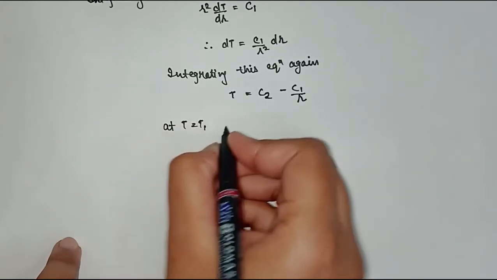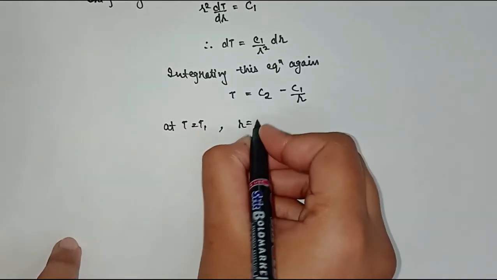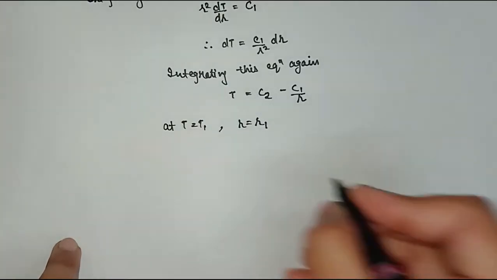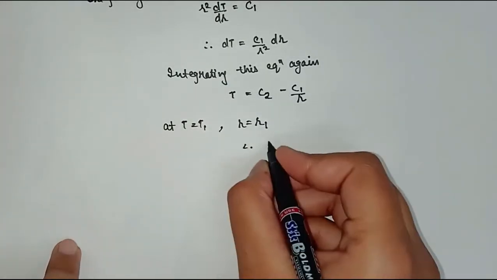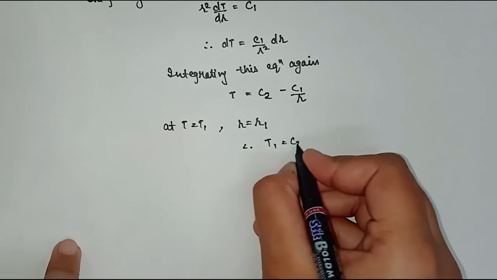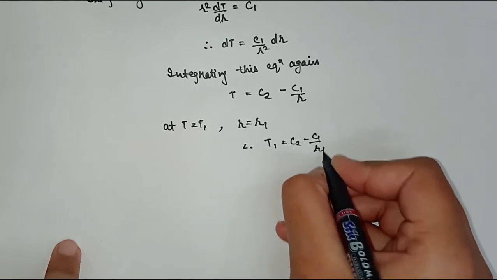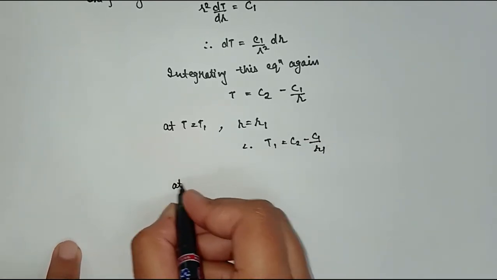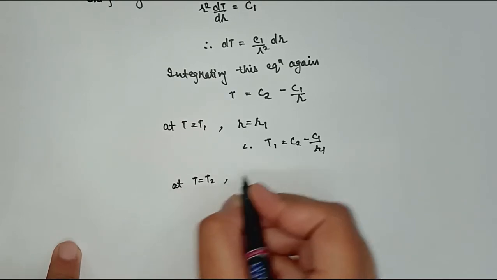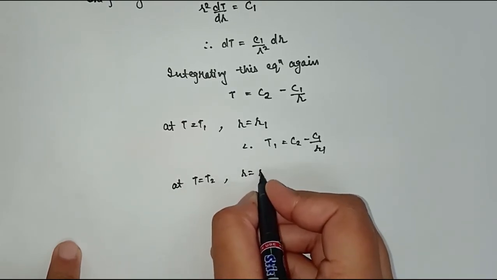Now taking boundary conditions, we know that at T is equals to T1, R is R1. Now substituting these values in above equation, we will get T1 equals to C2 minus C1 upon R1, and at T is equals to T2, R is equals to R2.